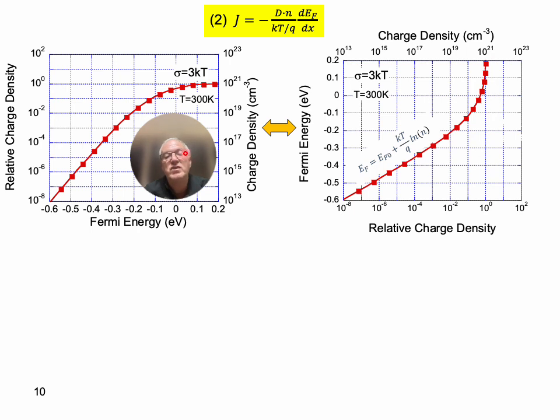And what we do is we rotate the axis, and instead of showing the charge density as a function of the Fermi energy, we show the energy as a function of the charge density. And you can see here the straight line, which is the Boltzmann or the Nernstian regime, where this equation holds.